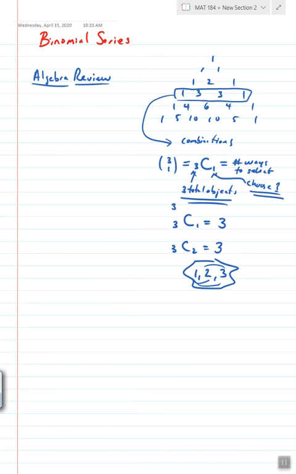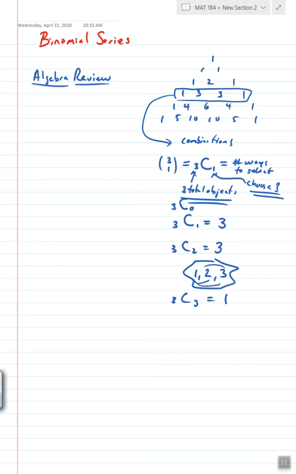Okay, what's 3 choose 3? That's kind of a silly one. You reach into the bag of 3 things. How many ways are there to take out all 3 things? 1 way. You just reach in and take all 3. Okay, here's the really odd one: 3 choose 0.